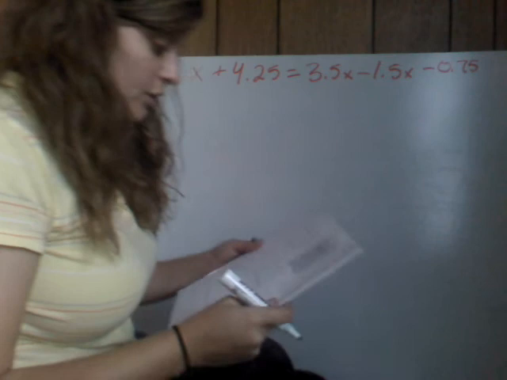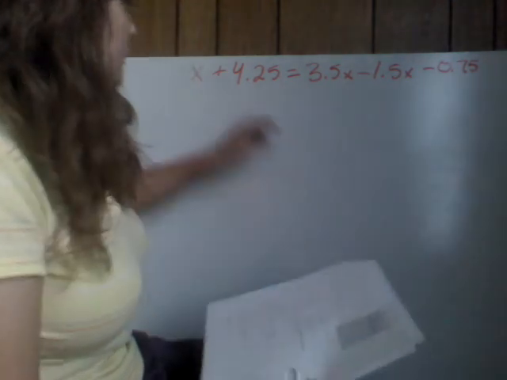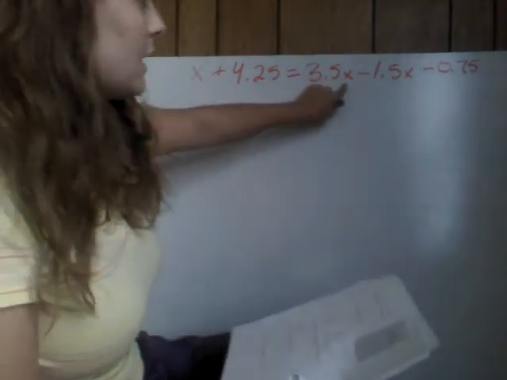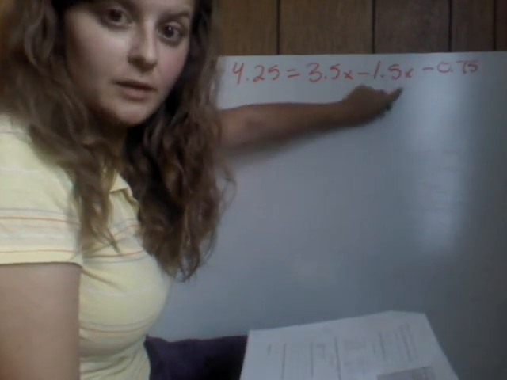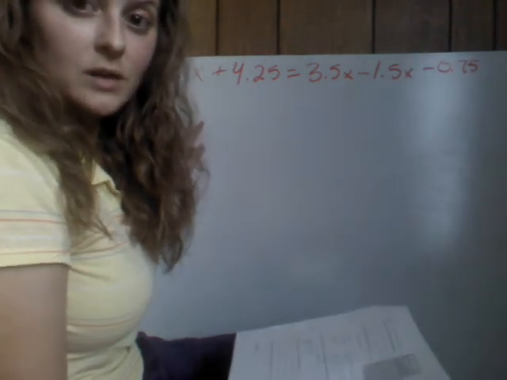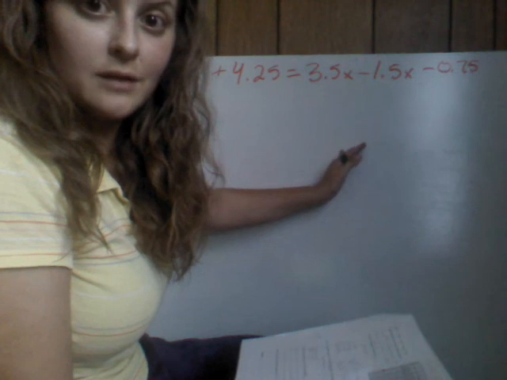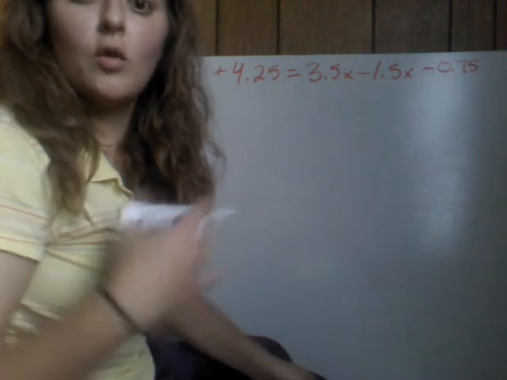So what I'm going to do first is combine my like terms. This is an x, and this is an x, and this is an x. They're all x to the first power because there's a little imaginary 1 there. I'm going to combine all these on one side, and then get all my numbers on the other side. This may look complicated, but just go with me.